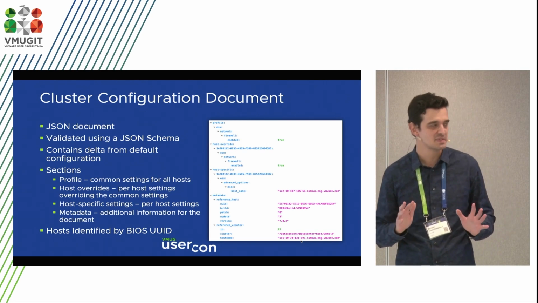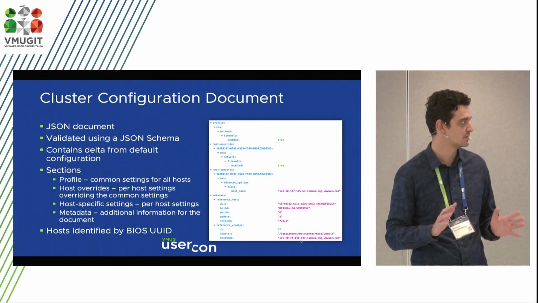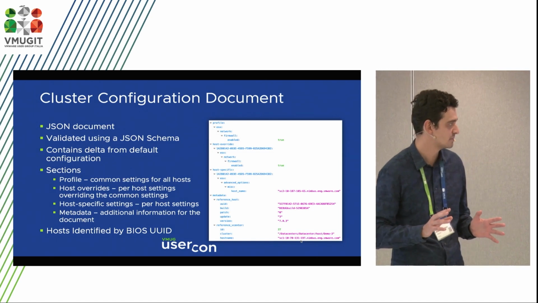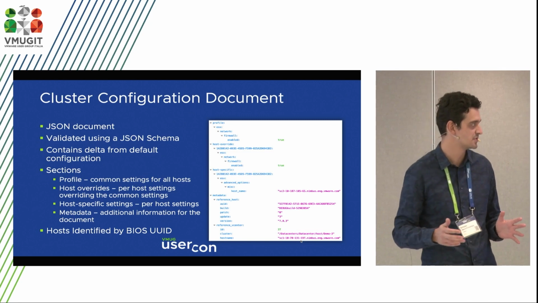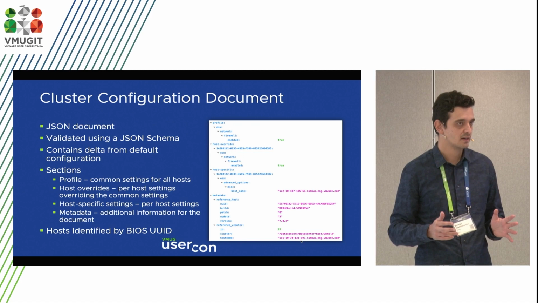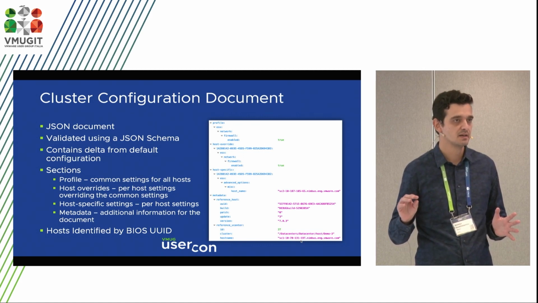Yeah, there are some specifics, but if you know what you're doing, you feel pretty confident even editing this document by hand, which is possible, and we actually encourage doing this. So it's a JSON document that has a JSON schema. So it's validated against the schema. The schema is kept with the current image for the cluster.